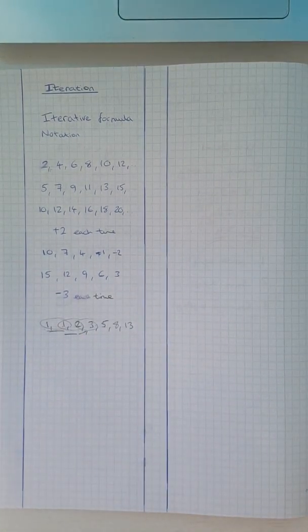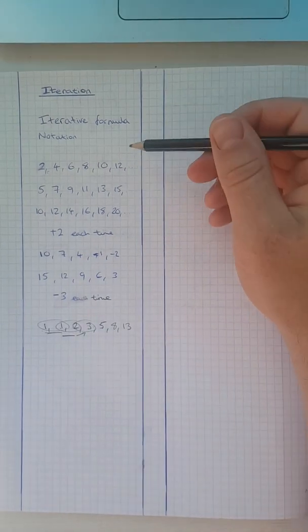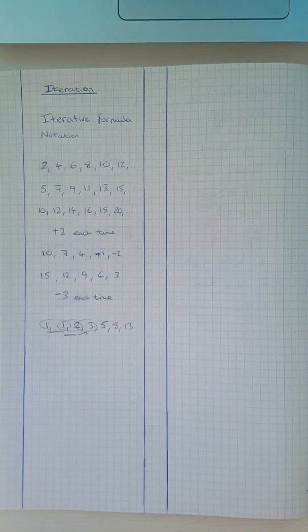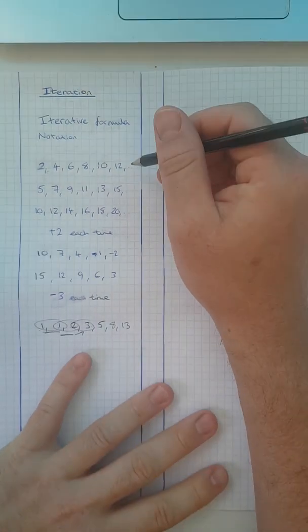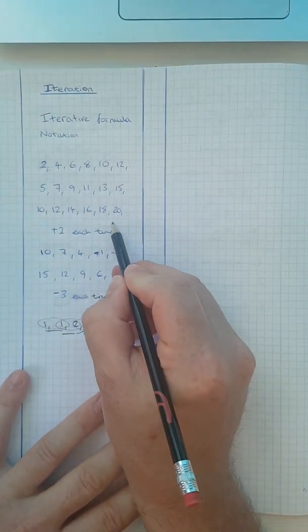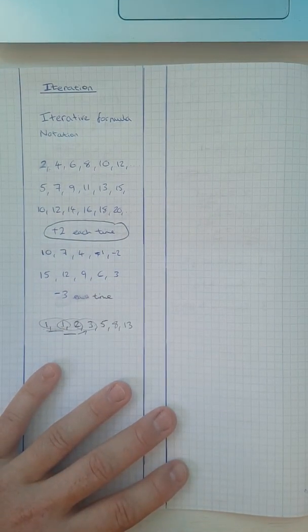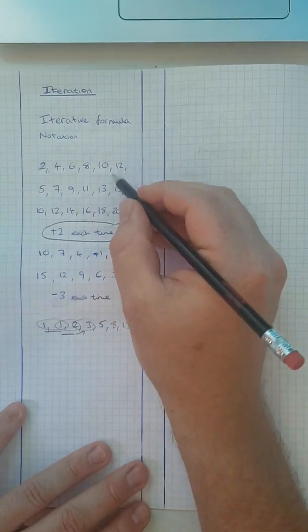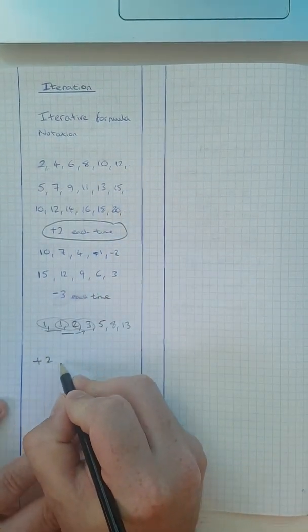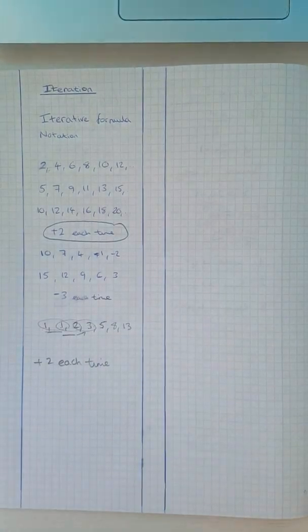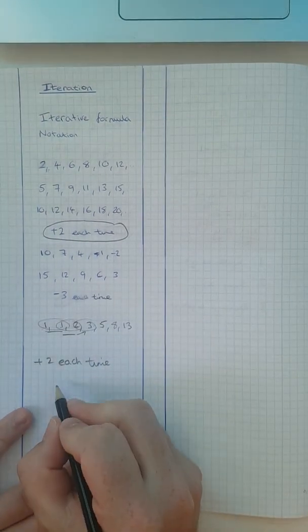Now, a sequence like these can be described in many ways, and there is a formula, an iterative formula, you can come up with for generating the next number, which links to this rule here. Let me try and write that down for you now. If you're adding 2 each time, you could describe that using notation.